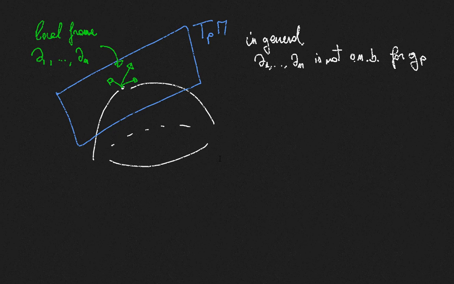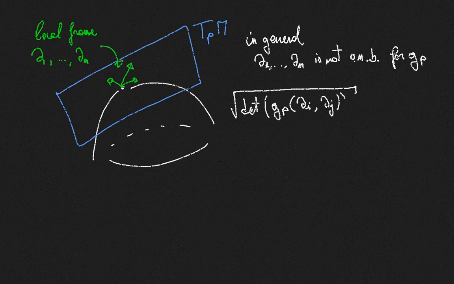So we would like to write the square root of the determinant of g_p applied to partial i, partial j, which is the same thing as before, the Gram matrix of the basis vectors.